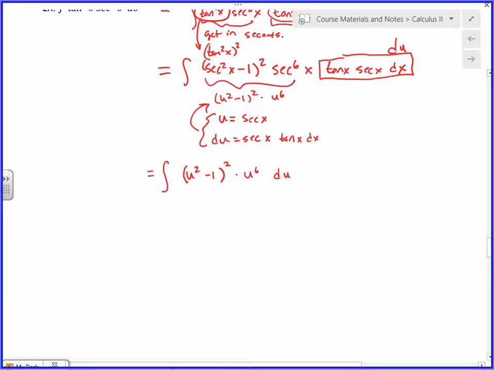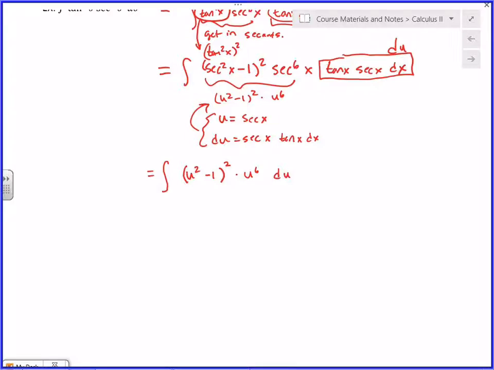When that happens, that's where you take a nice sigh of relief that all the trig functions are gone. You enjoy that fact, that you've eliminated them from the integral completely. And this is now easy in that it's just a polynomial. Now you change the u's back after you integrate. So multiply everything out, distribute everything, and then it's an easy integration.